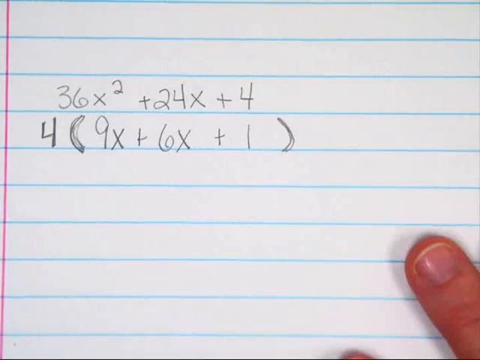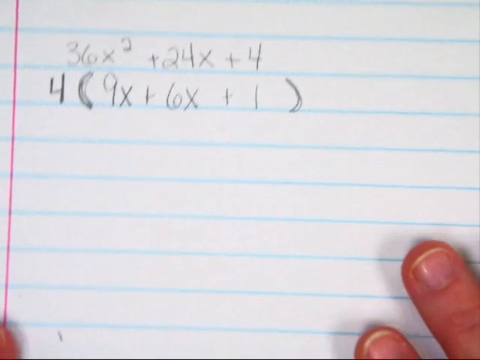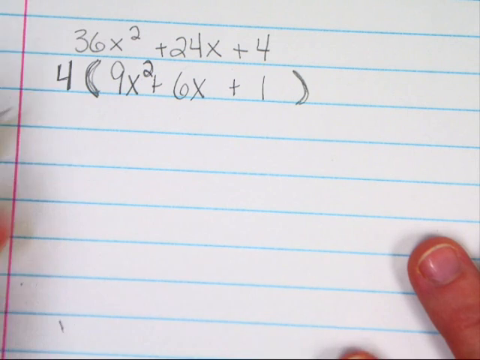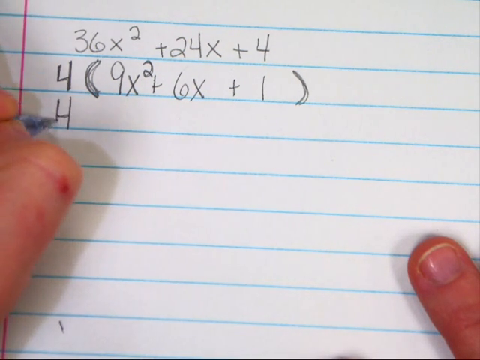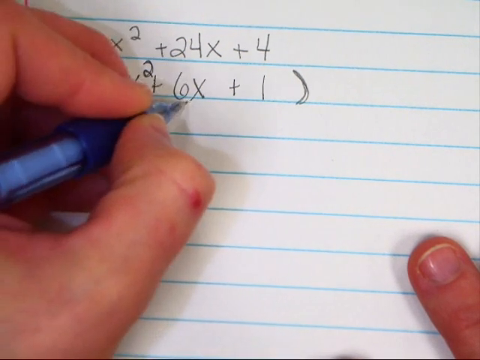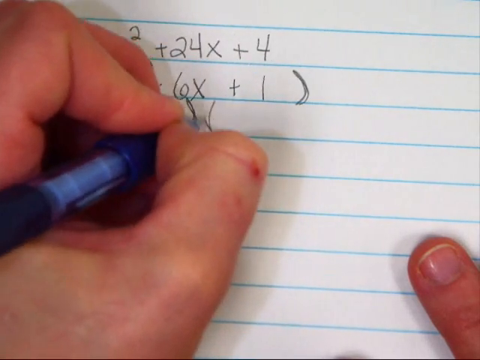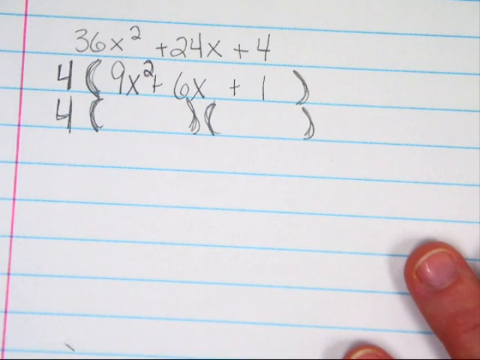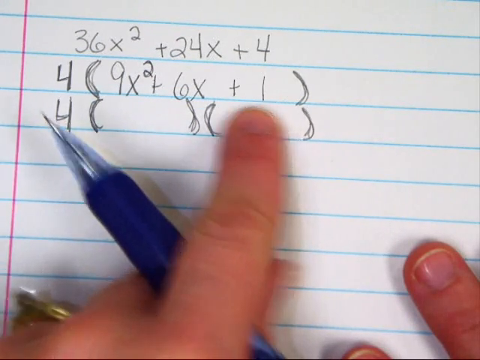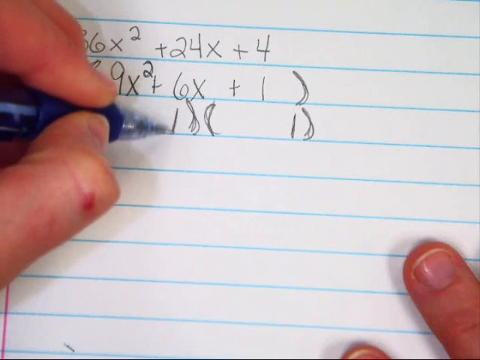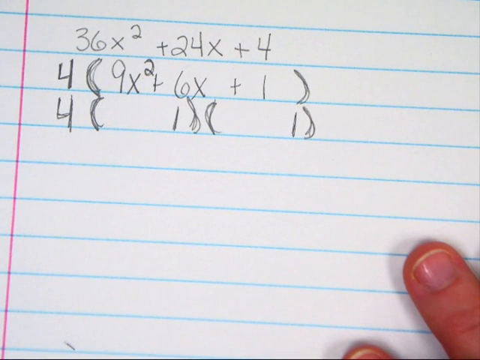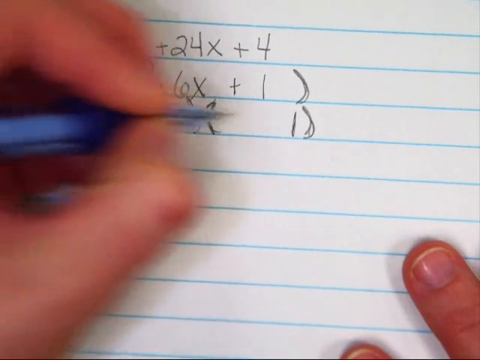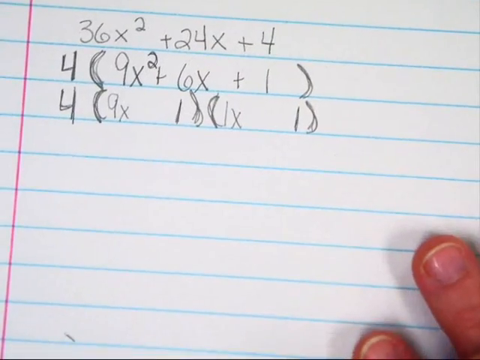Now we have to go through the same process. That's 9x squared. We keep the 4 on the outside, and this breaks down into double parentheses. Now, the good news is we know the factors of 1 have to be 1 and 1. Put those in there. Now let's try some different factors of 9. Let's try 9x and 1x and see if that works.